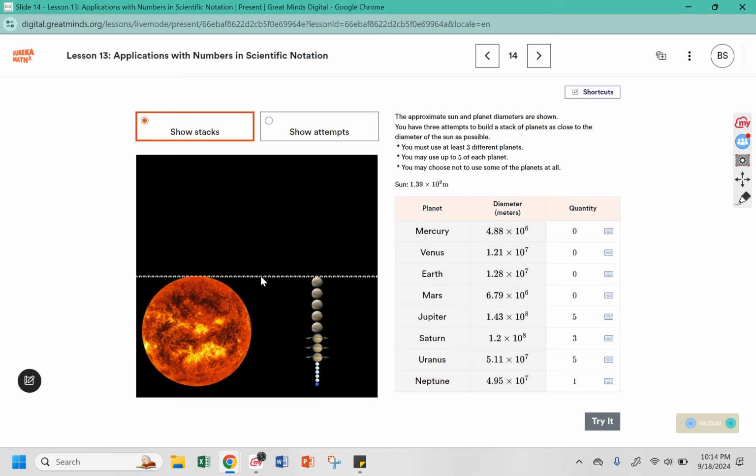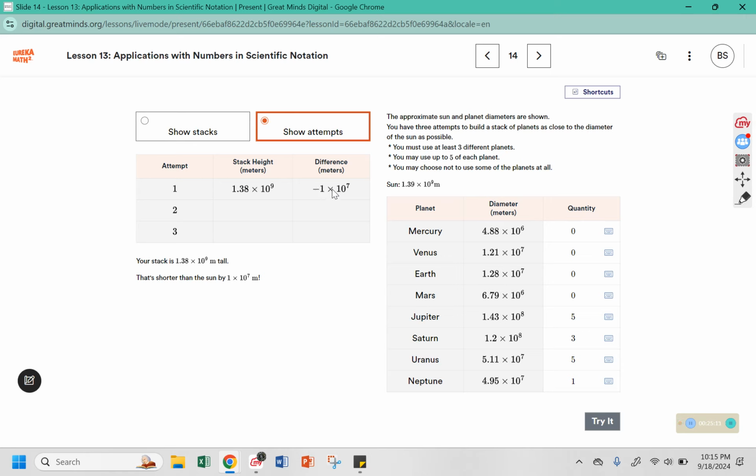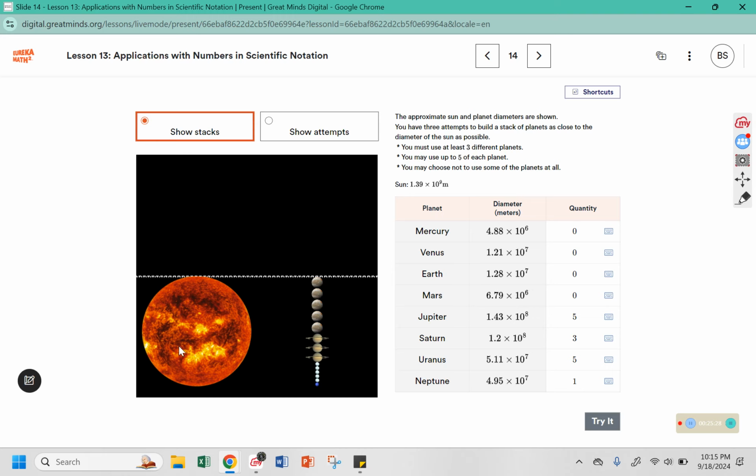That's pretty darn close. Over here, it's going to show us the difference. We are a little off, but not by much. I mean, I guess 1 times 10 to the 7th meters is still a lot, but for our stacks here, when we're talking about numbers this huge, we're really not too far off.